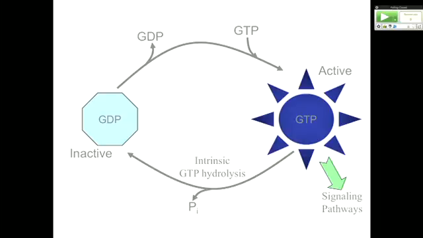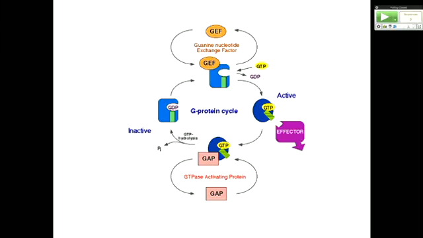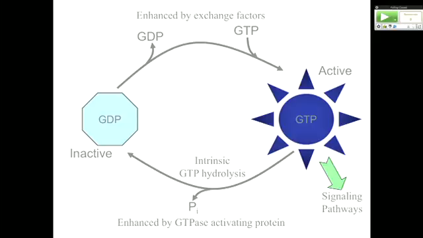These processes, the guanyl nucleotide exchange and the GTP hydrolysis, would be mediated by a guanyl nucleotide exchange factor and a GTPase activating protein. That's the normal G protein cycle that we've seen.